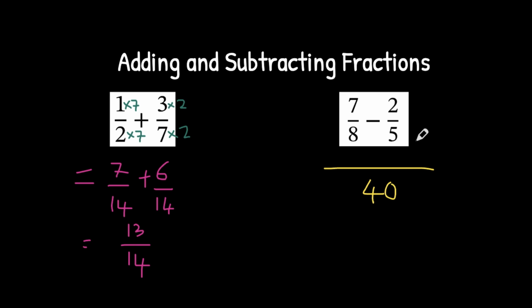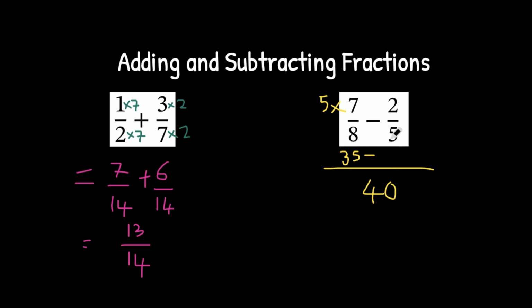Now I'm going to ask myself, how many times does 8 go into 40? All right? 8 goes into 40 5 times. Then I'm going to say 5 times 7. What's 5 times 7? 5 times 7 is 35. Okay?